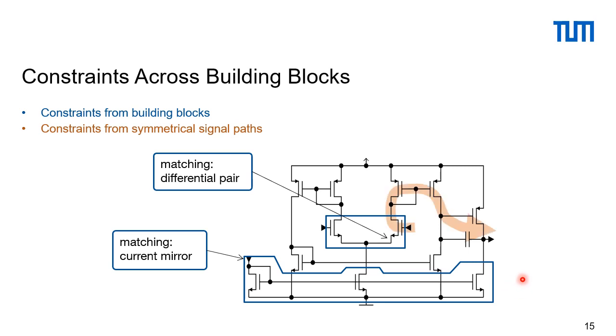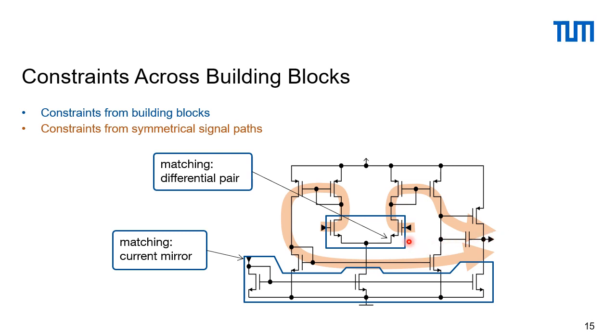Now, take a look at that. Here is the differential pair as input. So we have one input signal which goes over here through that current mirror down here to the output. At the same time, we have the other differential input, which goes over that current mirror, over that current mirror, and over here to the output.